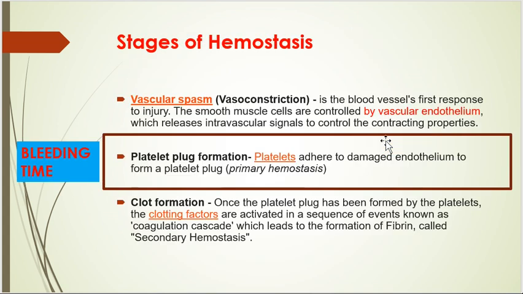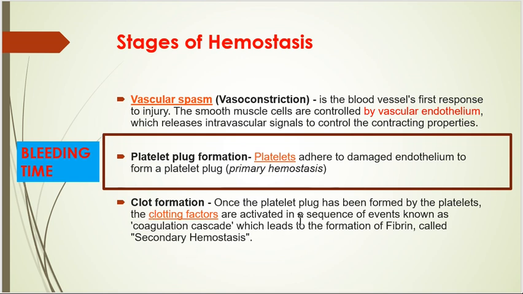In this practical we have to talk about only BT. This is the same aspect I explained in the image: vascular spasm, which is a function of the vascular endothelium, which secretes 5-HT, serotonin, which causes vasoconstriction. So the vessel diameter decreases. Then the second step is platelet plug formation. Platelets accumulate at the area to form a temporary plug, which is called primary hemostasis, and this we are measuring as bleeding time.